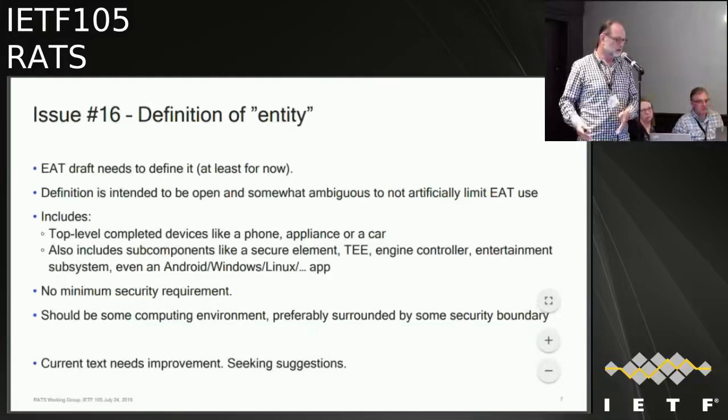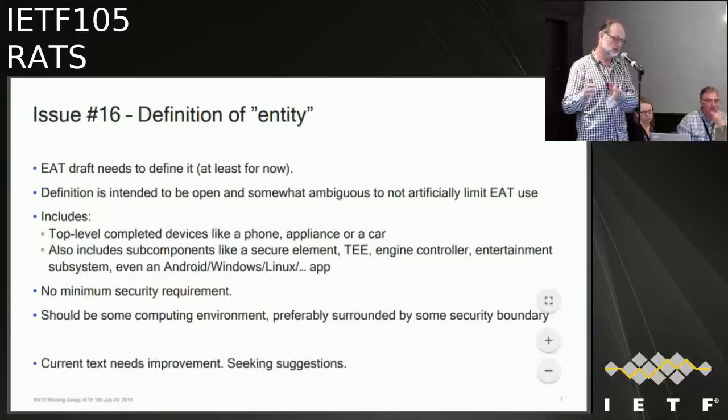A subcomponent could be an entity as well, a secure element, or a TEE, or the engine controller, or the entertainment subsystem, or even an Android app or a Windows app. Those could be entities that could generate EAT tokens. So trying to be pretty broad and open, not trying to lock anything down, particularly in the EAT draft.